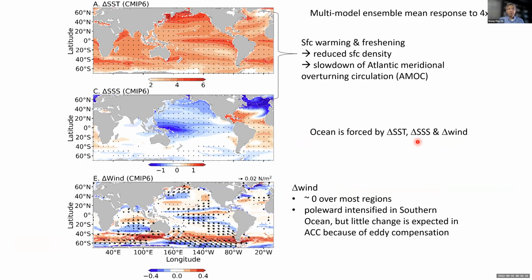Okay, so this is a model simulation in response to 4 times carbon dioxide concentrations in the atmosphere. So taking the radiative forcing of the increased carbon dioxide concentrations in the atmosphere.